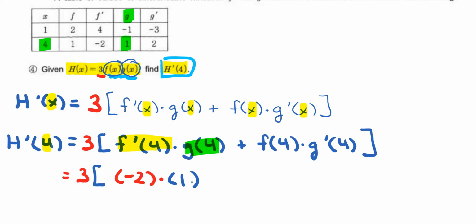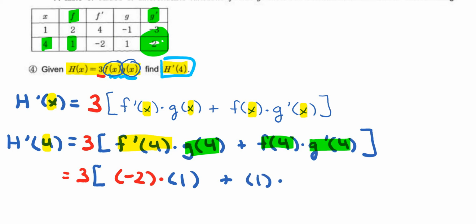Okay, let's continue on with this particular problem. Then plus f of 4. If I go back to my table here, where is f of 4? Here's f, here's 4, f of 4 is going to be 1. So that'll be times 1 times then g prime of 4. Here's g prime, and g prime of 4 is going to be 2, so 1 times 2, and then close the bracket.